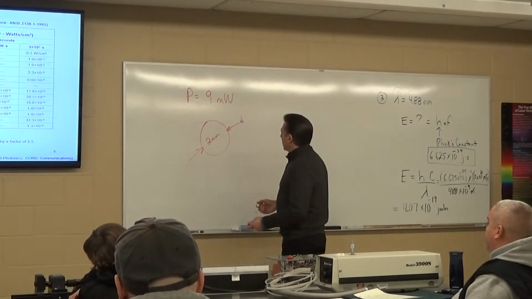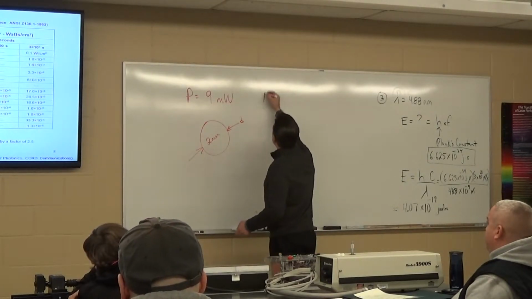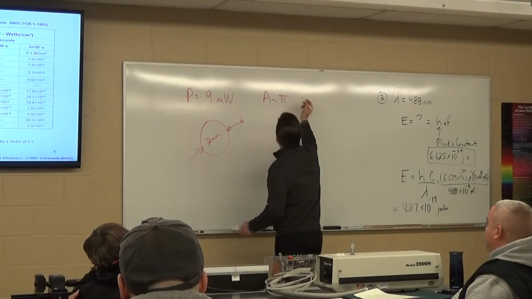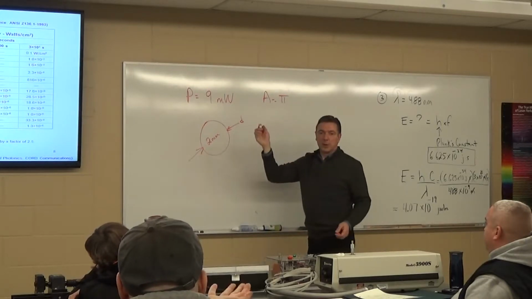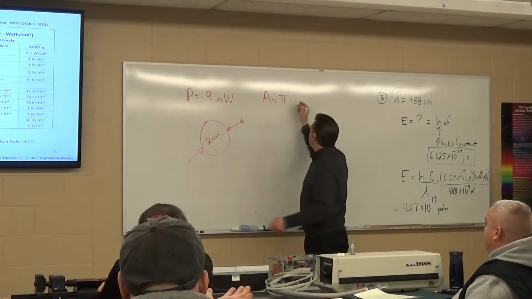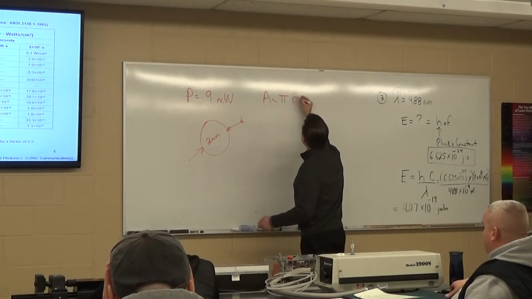But if we have a diameter of 2 millimeters, what is the area of that circle? Pi r squared.